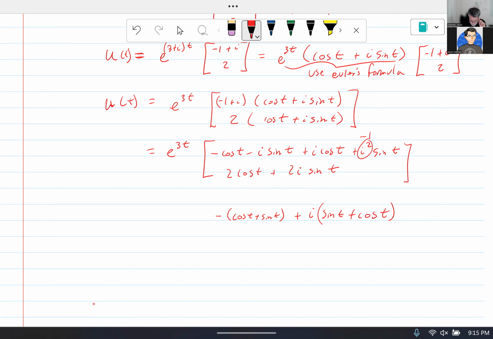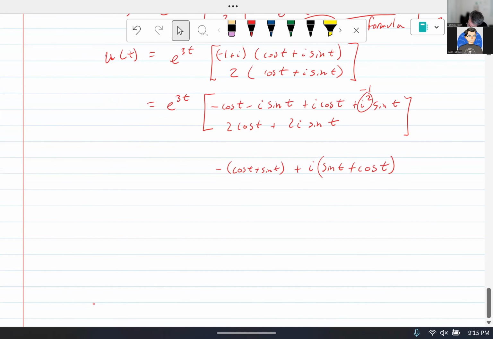And the bottom would become 2 cosine t, and then plus 2i sine t.